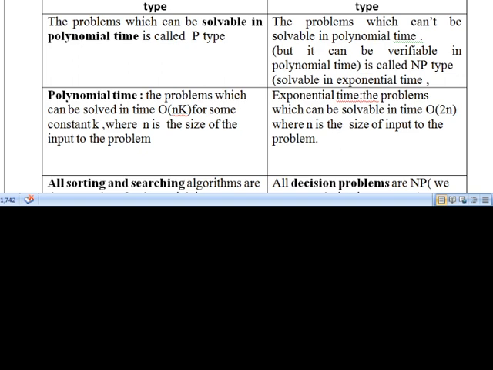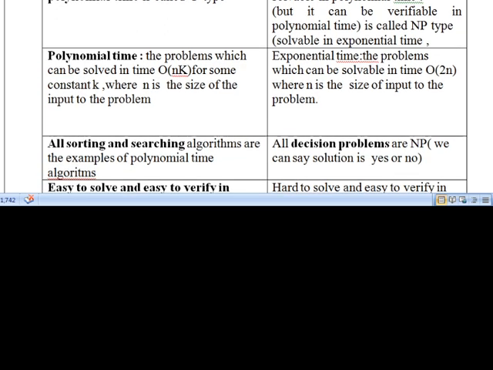So what we are trying to do is, first you categorize what are the problems that come under P and NP type. Later you will see how to solve NP type in P. This is a research area.